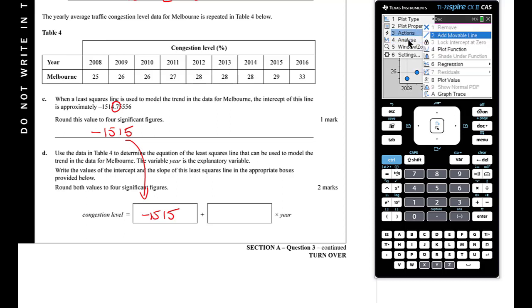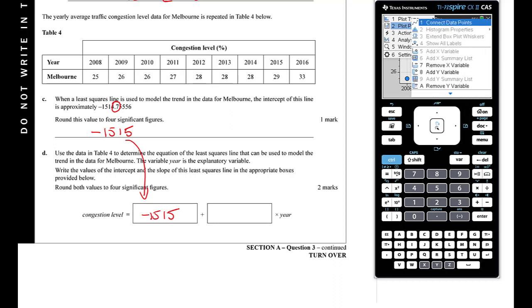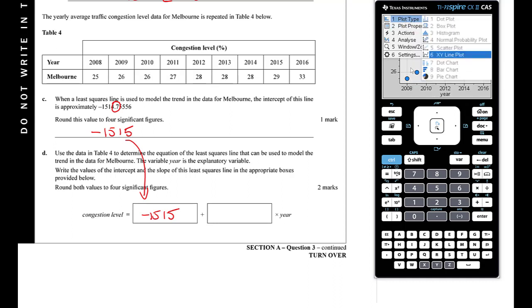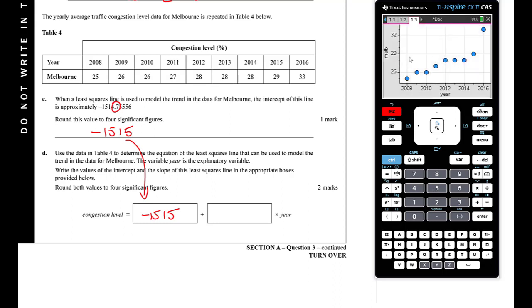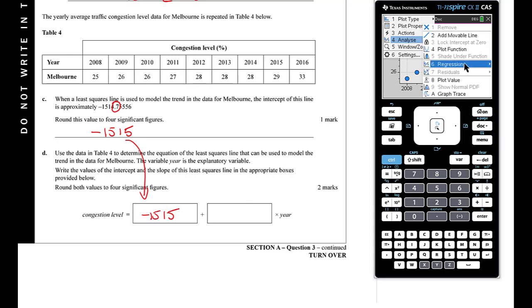No, we want to, sorry. It's been a little while since I've done this one. Sorry about that. It was analyze, and for some reason I completely missed it on this screen. Regression. And we want to go a plus bx, okay?